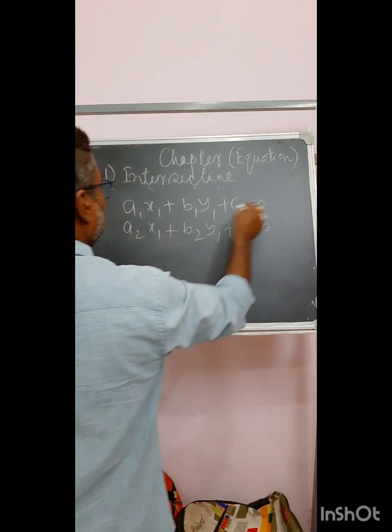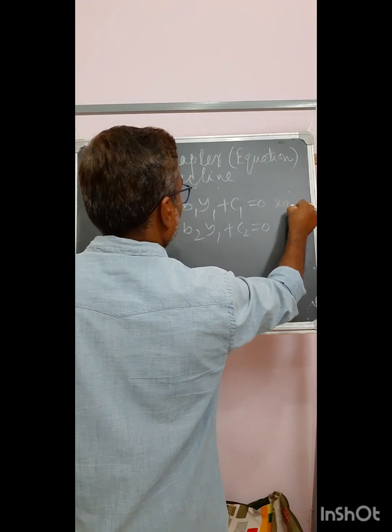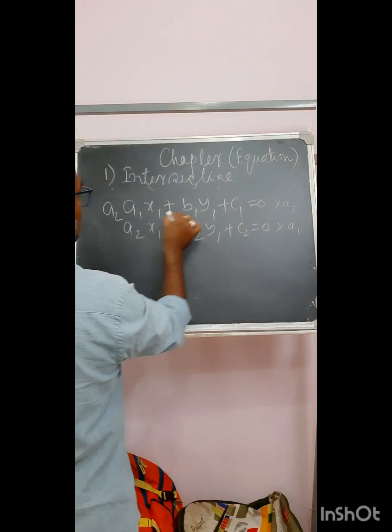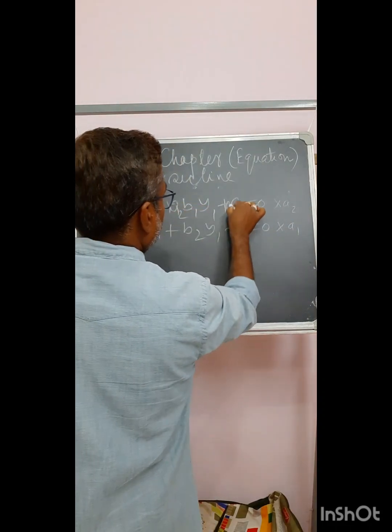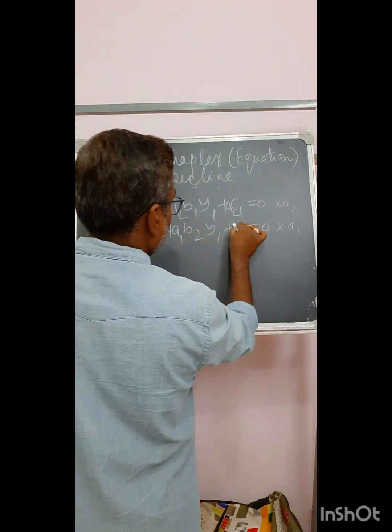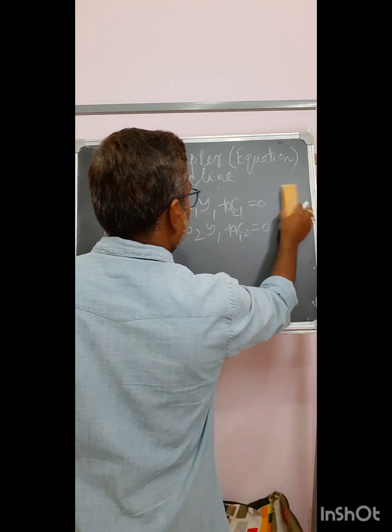Now I multiply here with a2, here with a1. So a2 a1, a2 a2, a1 a1. So I will deduct it again.